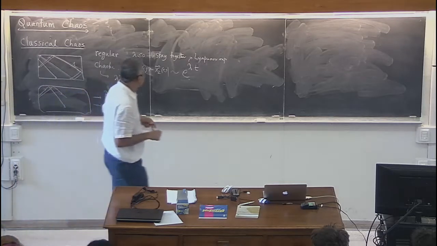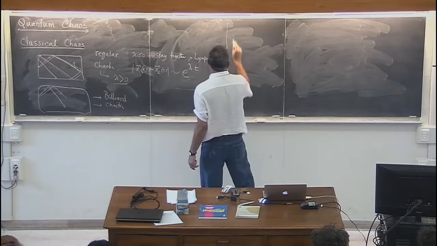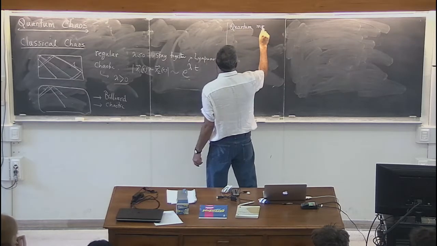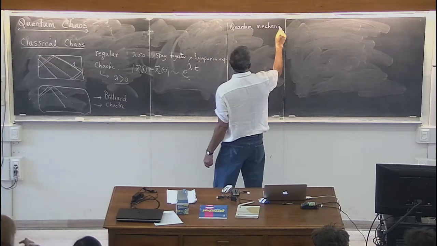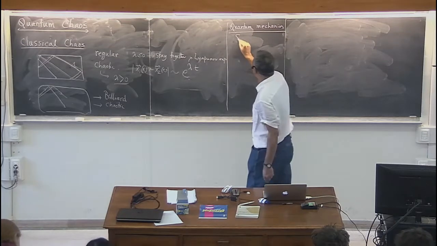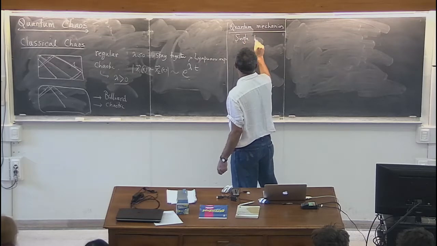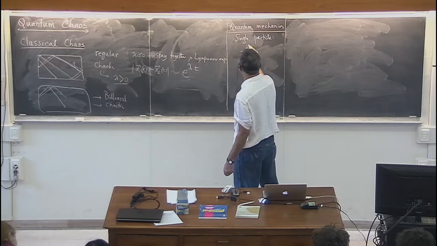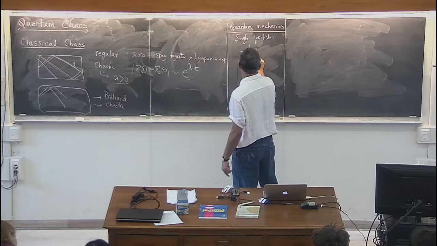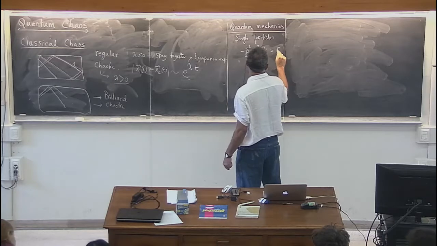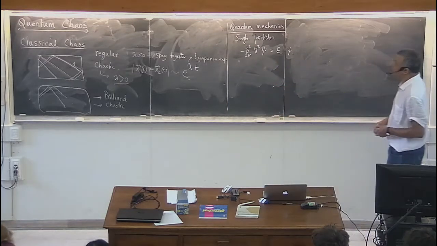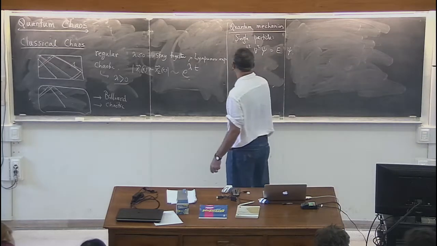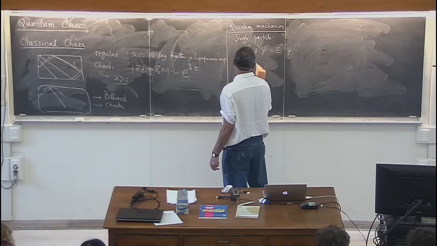Now I want to do this quantum mechanically. So what does quantum mechanics mean here? It means that I again take a single particle, and I want to solve the Schrodinger equation for this single particle inside this geometry, and look at the energy eigenvalues, the spectrum, with the absorbing boundary condition, so psi is 0 on the boundary.